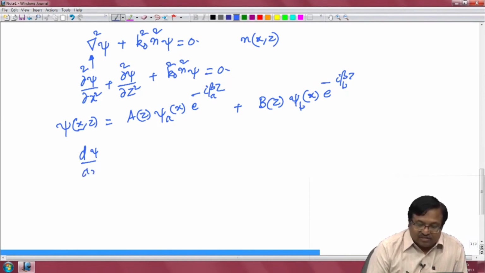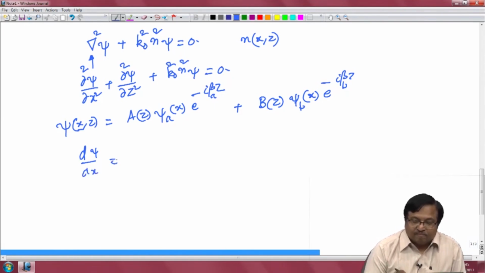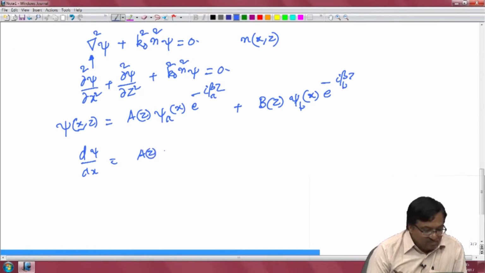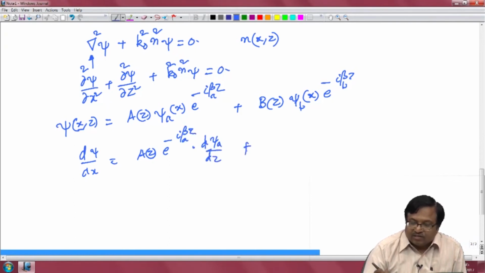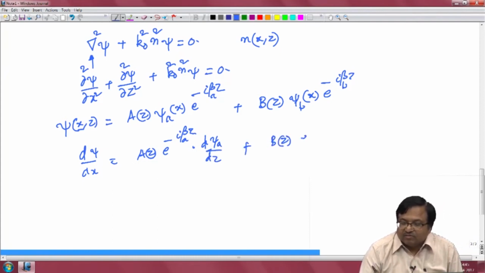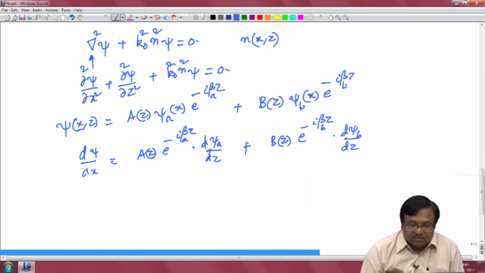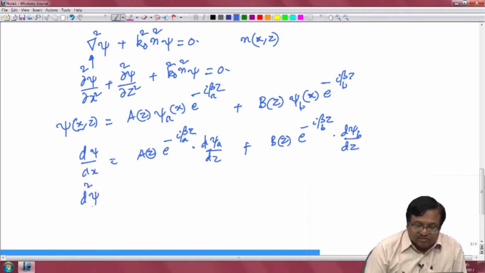So, d psi by dx is simple. A of z e power minus i beta A z multiplied by d psi A by dx, and B of z into psi B of x e power minus i beta B z into d psi B by dx, and the second derivative is also needed in the expression.